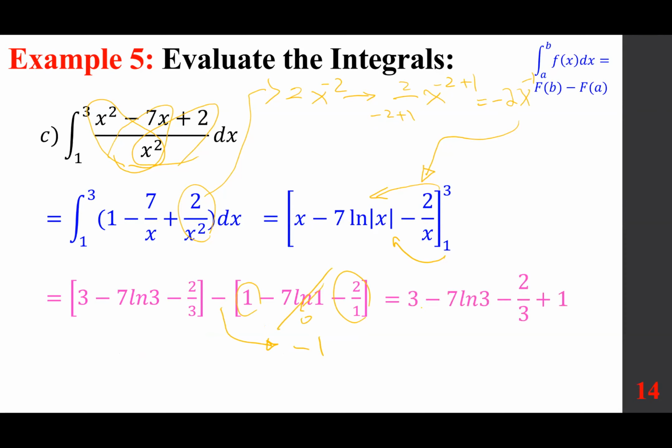Now, we are adding 3, negative 2 thirds, and positive 1. In other words, we have a 4 minus 2 thirds. As you know, 4 is 12 thirds.